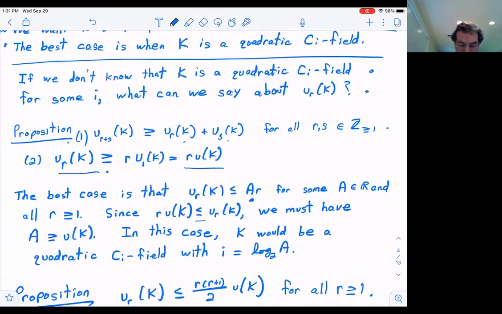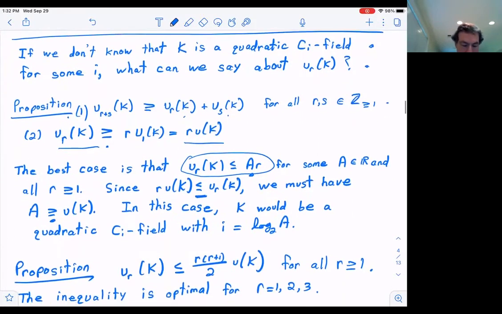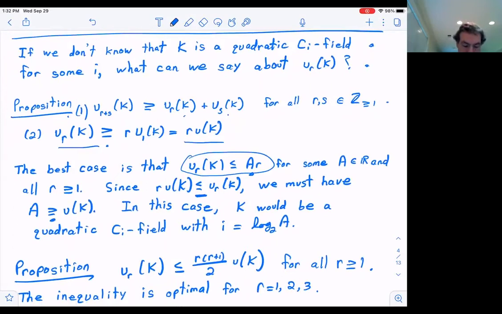Since we have this inequality from above, the a has to be greater than or equal to u of K. So if we have this inequality for some a, it follows from the definition that K would be a quadratic C_i field with i equal to this real number, the logarithm base 2 of a.